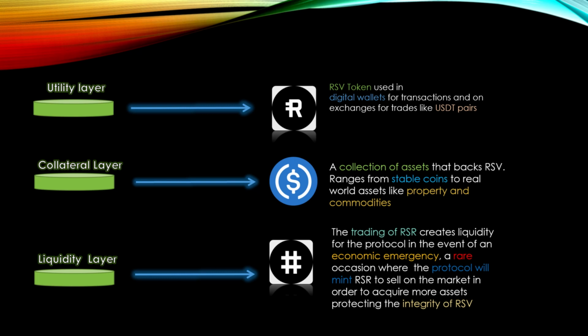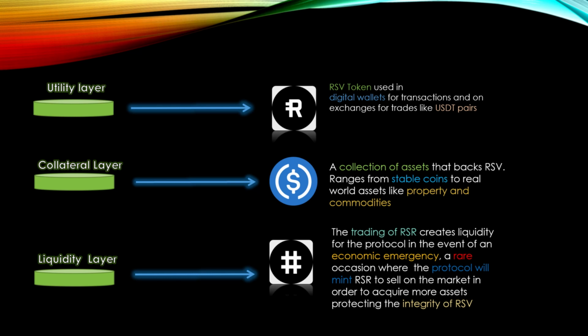So basically, guys, I've broken down the Reserve protocol into three different layers. First, you have the utility layer, which involves the RSV token, the stable token. This is used in digital wallets for day-to-day transactions like buying groceries, clothes, food, whatever. And it's also used on exchanges for trades like BTC to USDT.